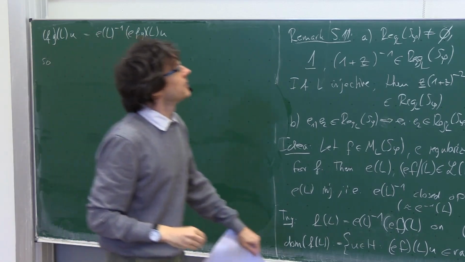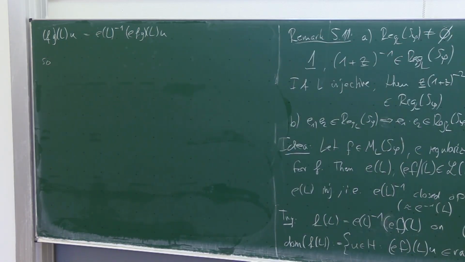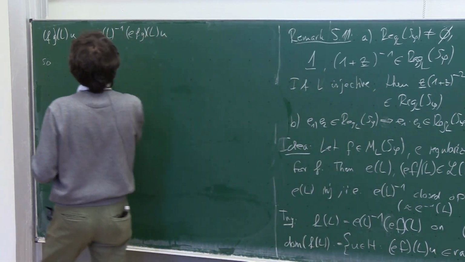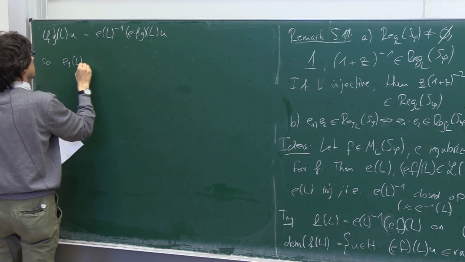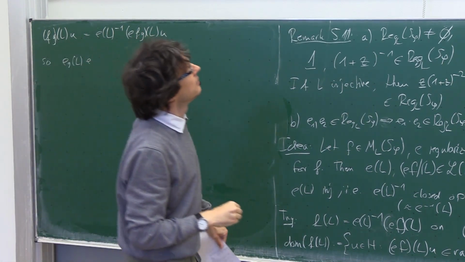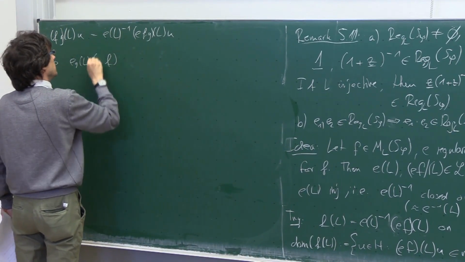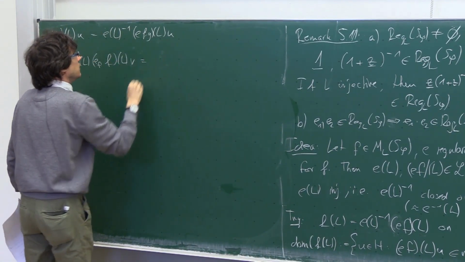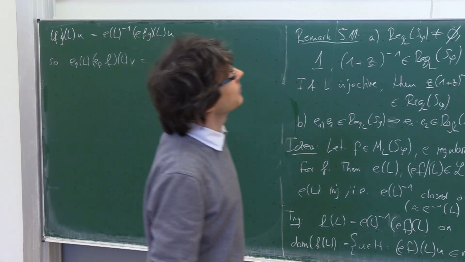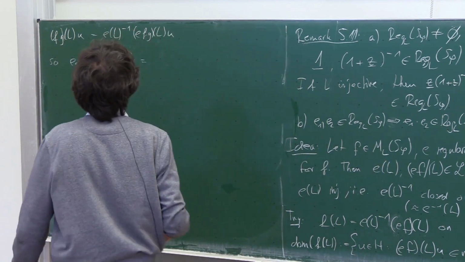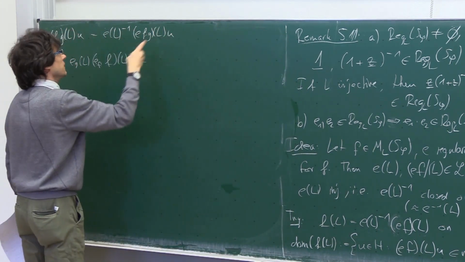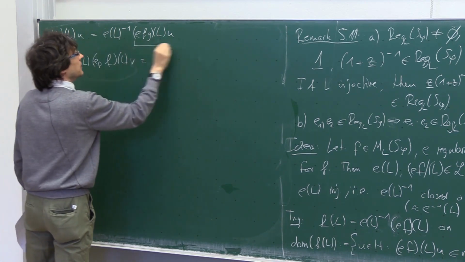Going back to what we did there, on the left-hand side we had EG of L, EF of L V. And on the right-hand side, we had found this is EFG of L U. So this stuff here is the same as that one.